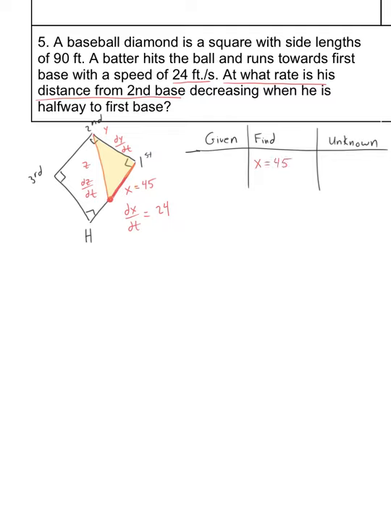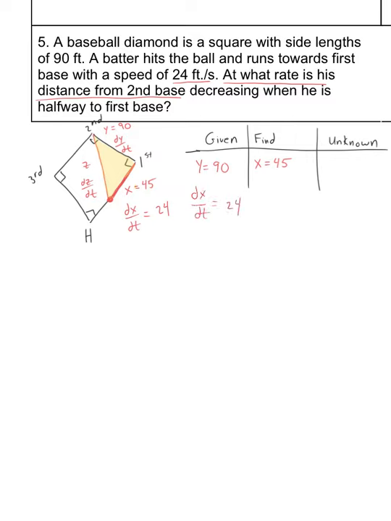All right, we know that y, this length here, is the side of the baseball diamond, so that is 90. That's given to us. y is 90. We were given dx dt, we were given the rate, right here, is 24. Now, whenever you have a rate, you've got to make sure that you have the right sign.